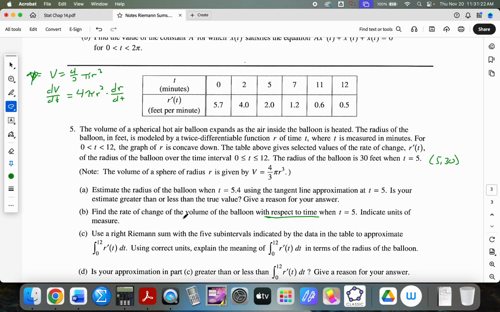All right, so we know that at time 5, r is 30, and dr/dt is 2, right here in the table. Indicate units of measure. Okay, so that's got to be cubic feet per minute because it's change in volume with respect to time.